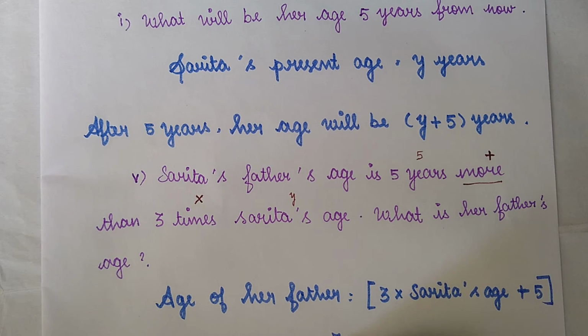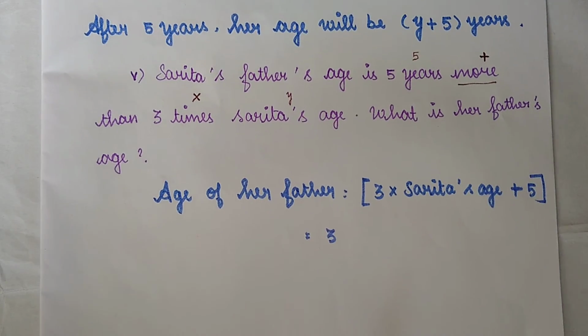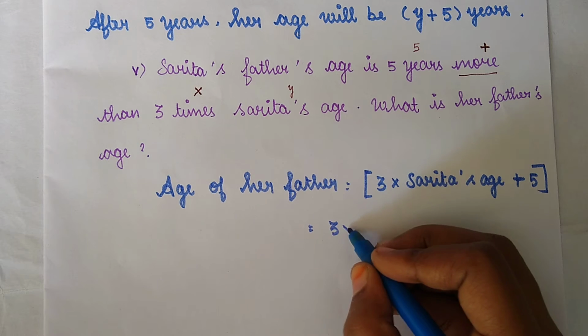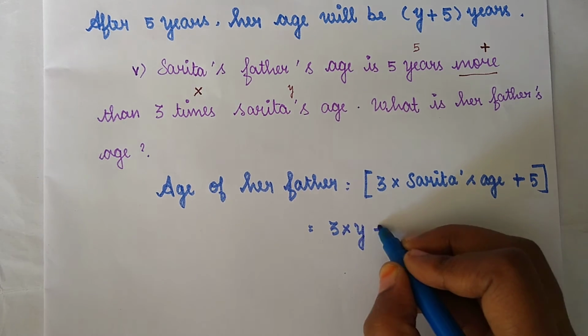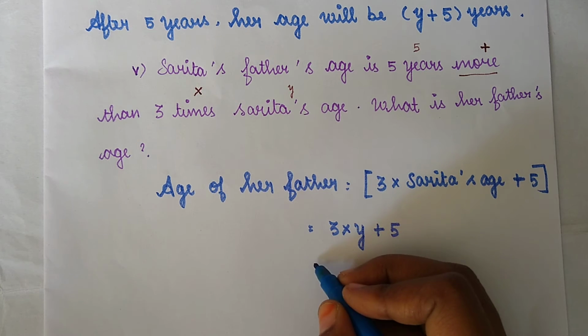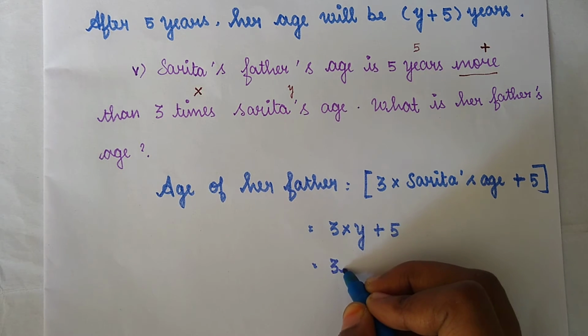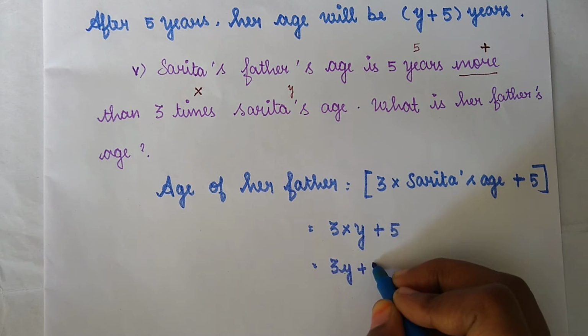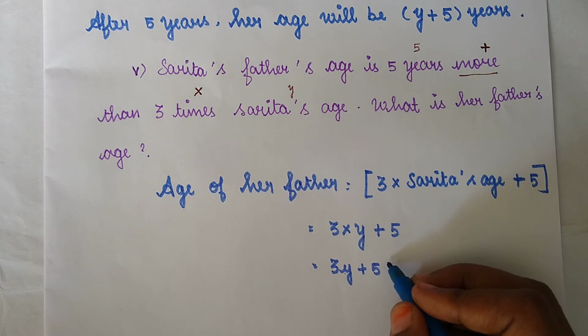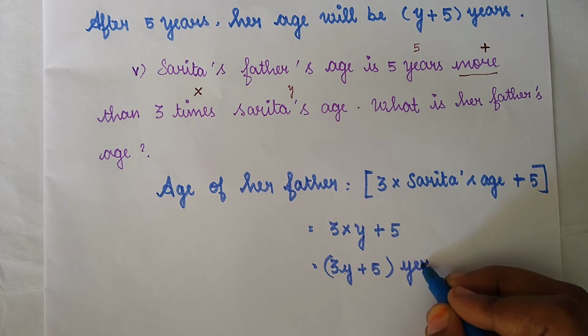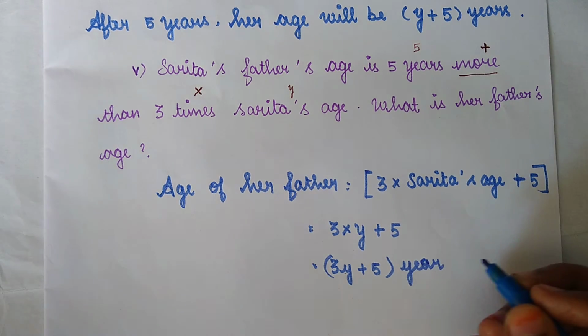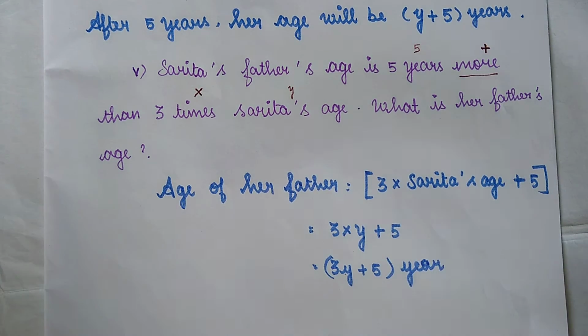Okay, 3 into Sarita's age, which is y, plus 5. We have to write 3y plus 5 years. This is her father's age. Okay.